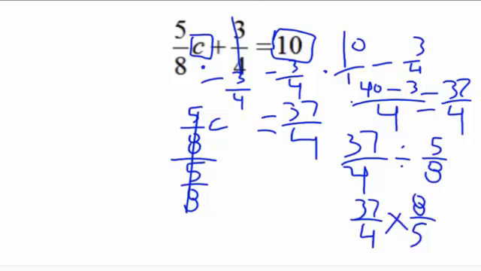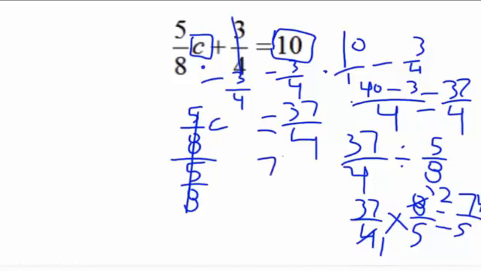And we can just simplify these two numbers from the starting, so we'll do 1 and 2. When we multiply that, we will get 74 over 5. This is our answer, but it's not our final answer because it's still in improper fraction form.